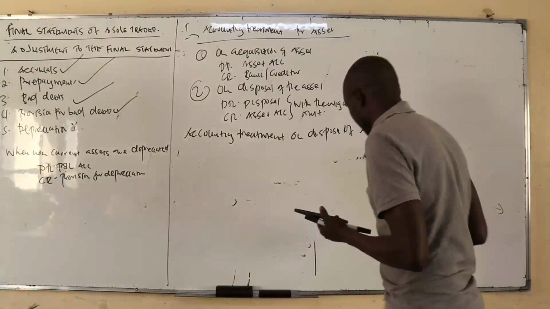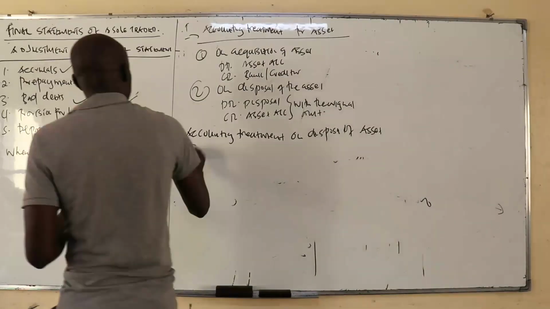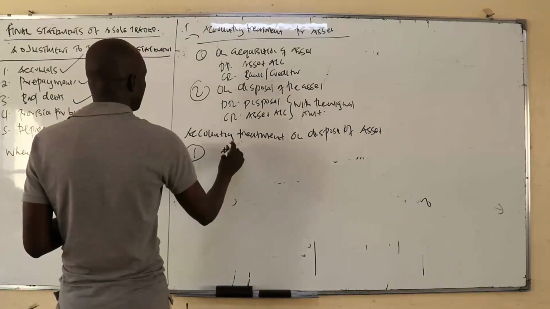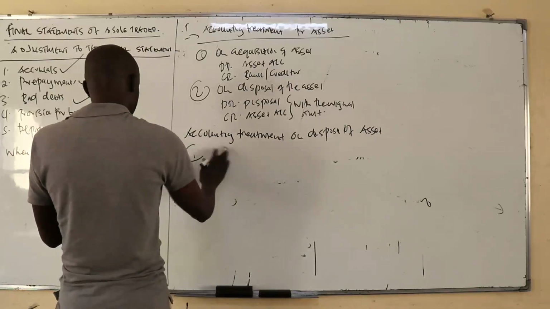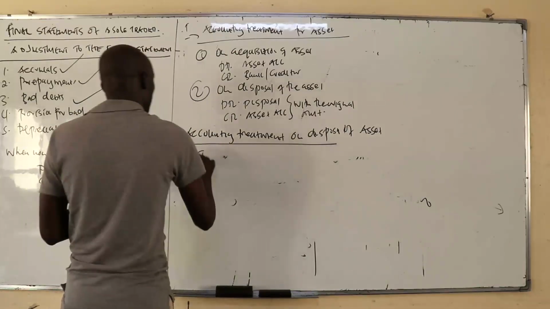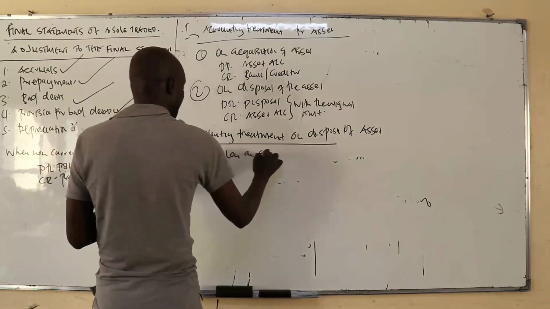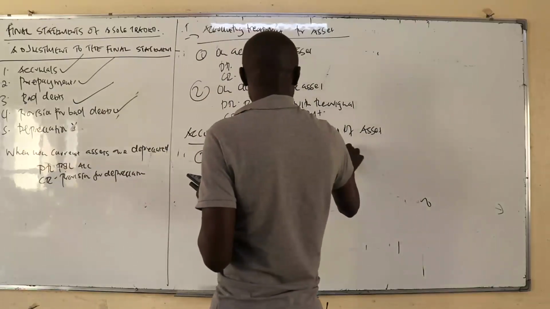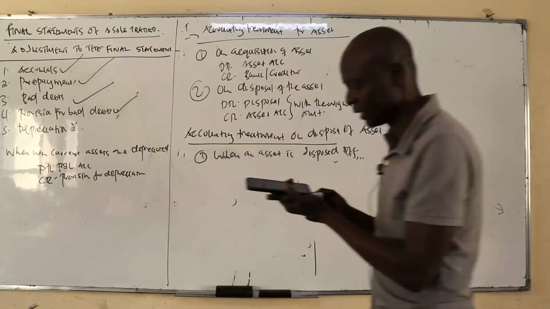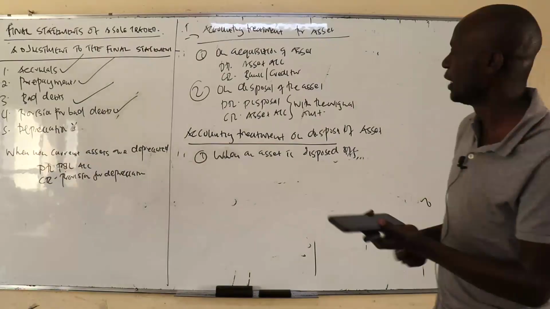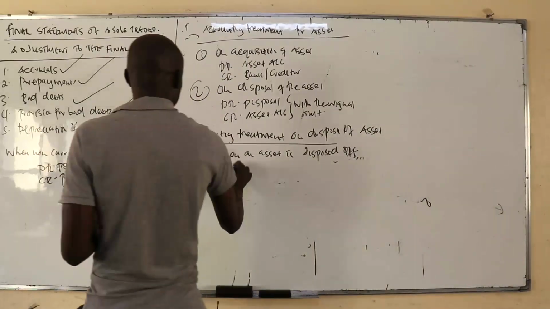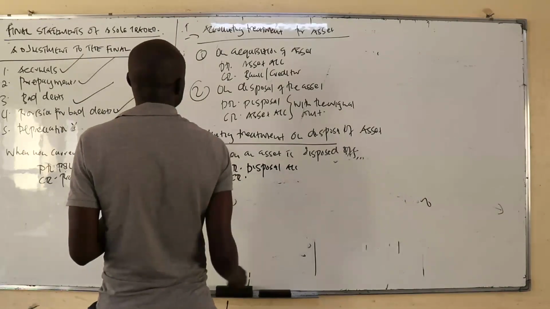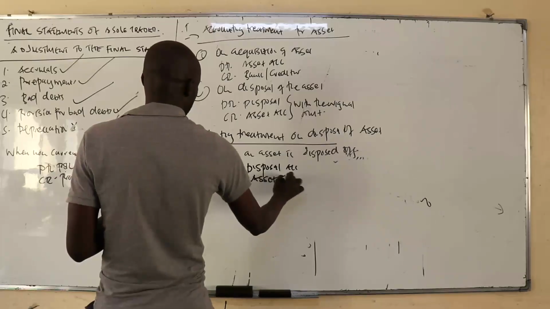Number one, when an asset is disposed of, when you sell it, you debit disposal account and you credit asset account. You eliminate it from your books.